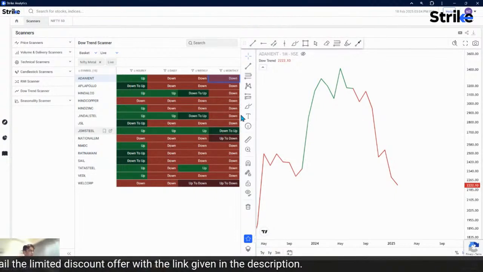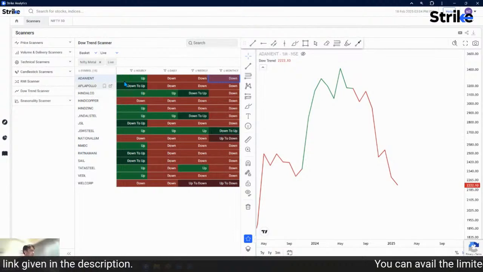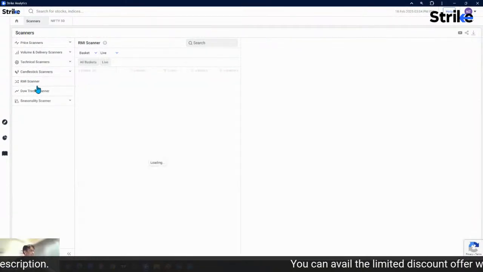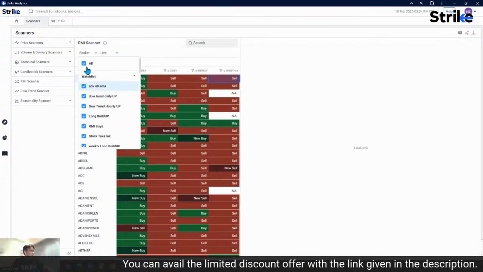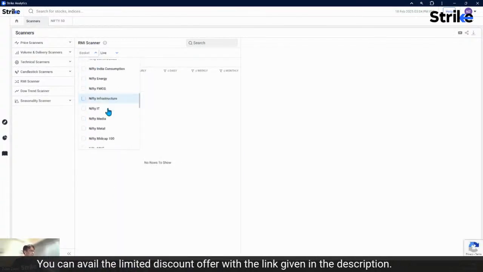So you can look at the individual stock trends over here itself. And if you go to the RMI scanner, again in the basket section, you can select the metal counters over here.